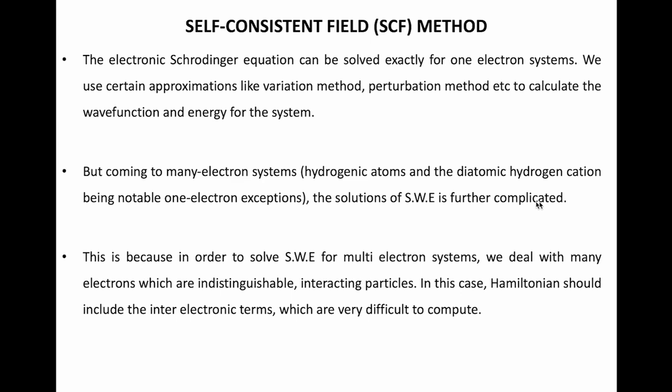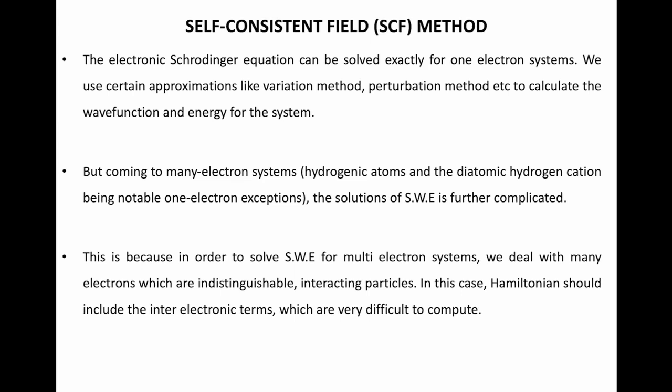The electronic Schrödinger equation can be solved exactly for one-electron systems. We use certain approximations like the variation method, perturbation method, etc. to calculate the wave function and energy for the system. All these things we have calculated from the Schrödinger equation only for one-electron systems. But coming to many-electron systems, the solution of the Schrödinger wave equation is further complicated.